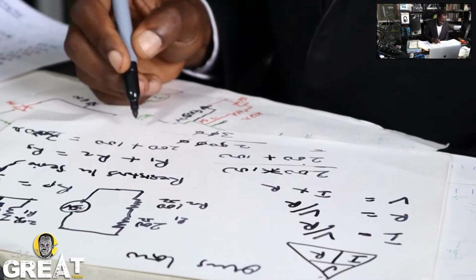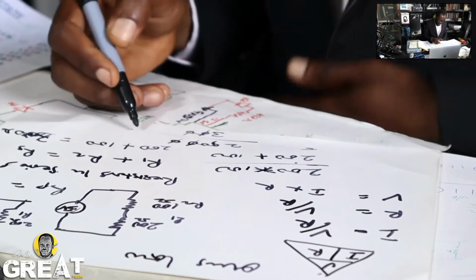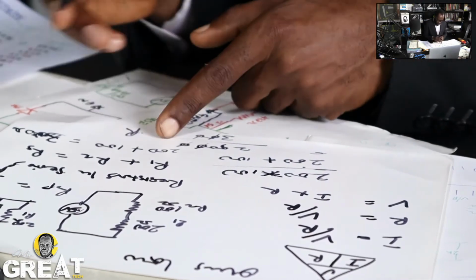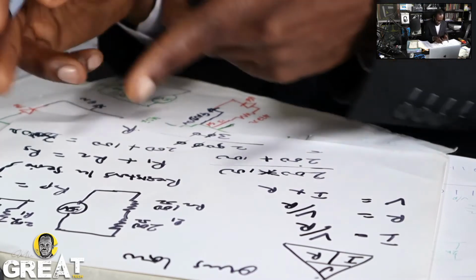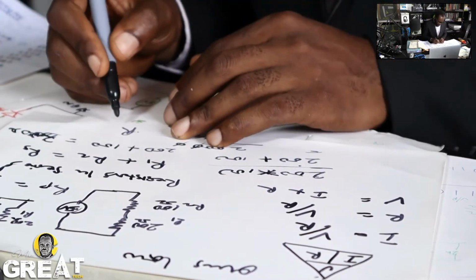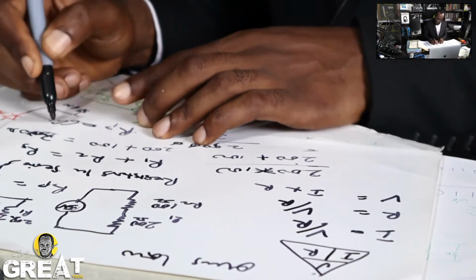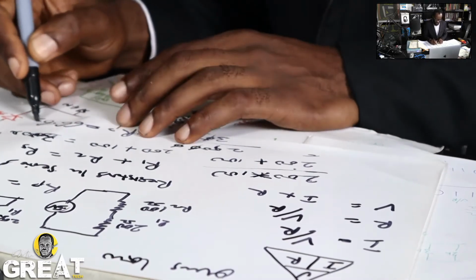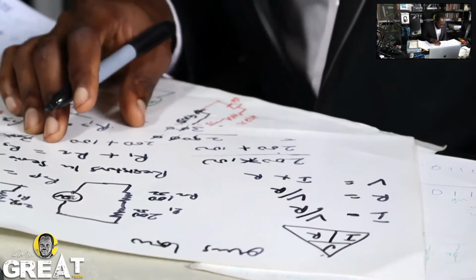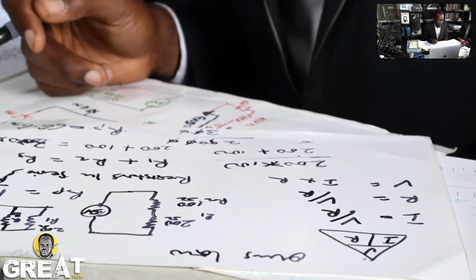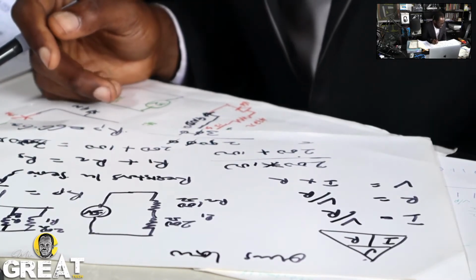So the summation of both of them, RP, the resistance in parallel, equals 66.6 ohms. That's a very simple way of getting those resistances.